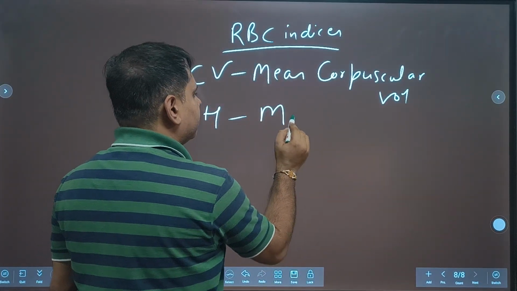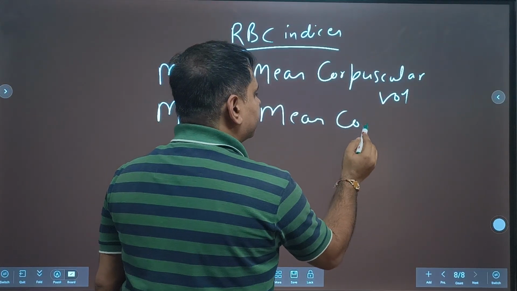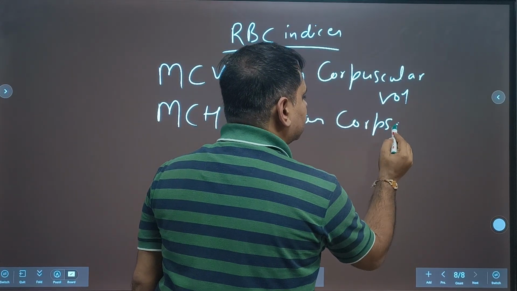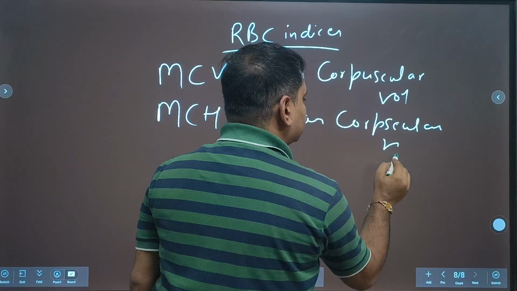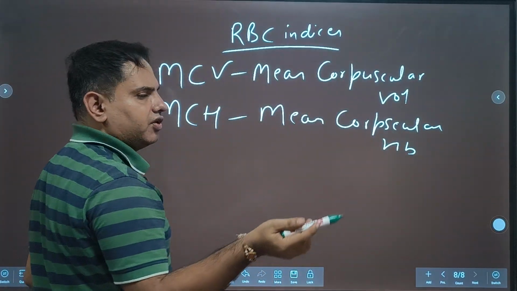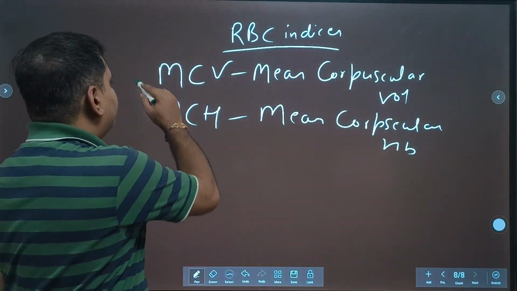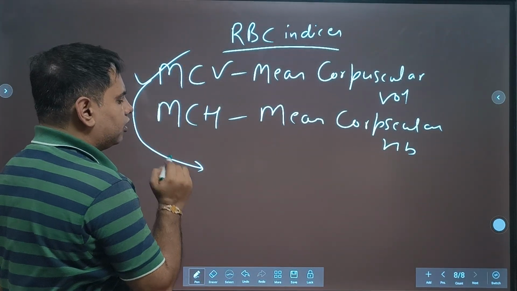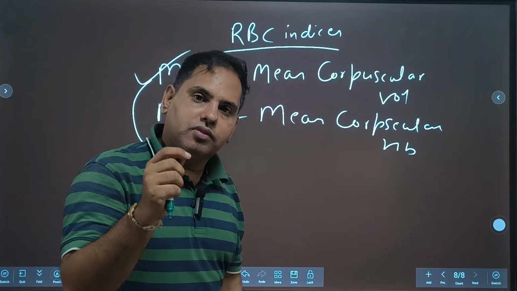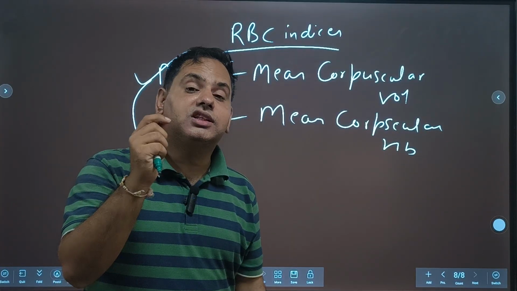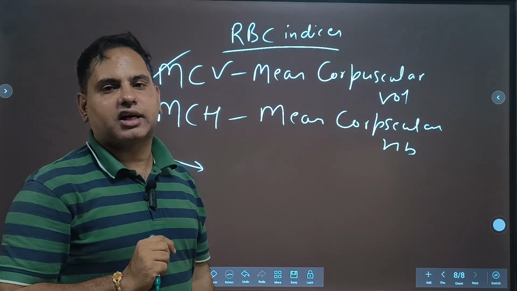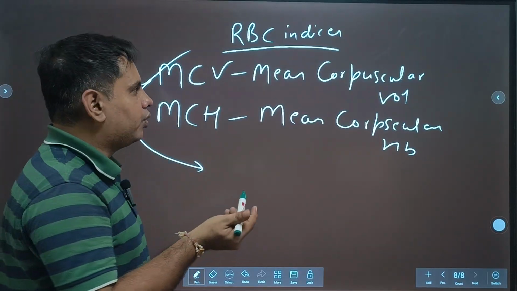This is the mean corpuscular hemoglobin. How can you calculate them? You can calculate them if you know the number of RBCs and the PCV values. If you know the PCV value, mean corpuscular volume is what? It is the volume occupied by a single RBC in the packed situation. Single RBC.